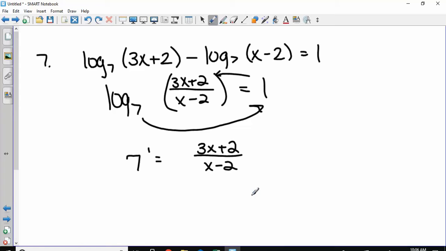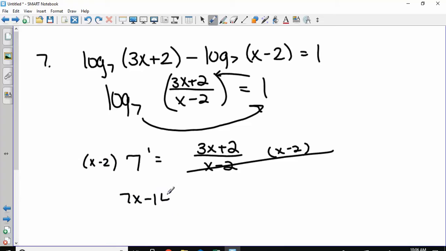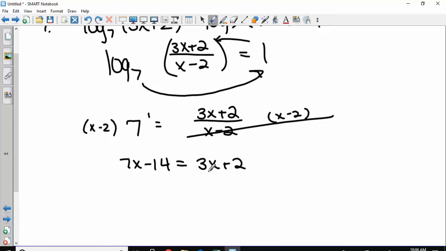What is 7 to the first? 7. So if we want to get rid of the fraction, we can multiply over the x minus 2. So we get 7x minus 14 equals 3x plus 2. If I subtract over my 3x, add over my 14, and x equals 4.